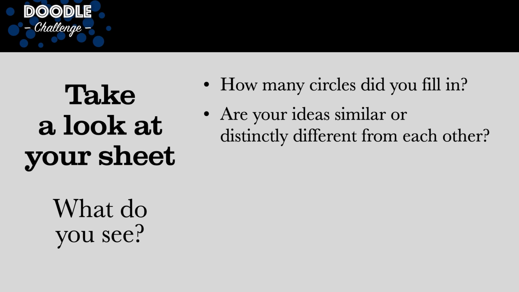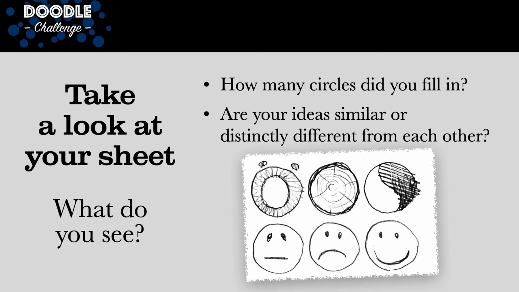For example, if the ideas are similar or distinctly different from each other. Of course, they can be rather similar. For example, here on the bottom row there are similar ideas like faces. You can fill the whole sheet with just faces. That's not as creative as making very distinctly different ones. Like the top row there with the letter Ö, you have the tree trunk and maybe a yin-yang sign and so on. So all are very different.